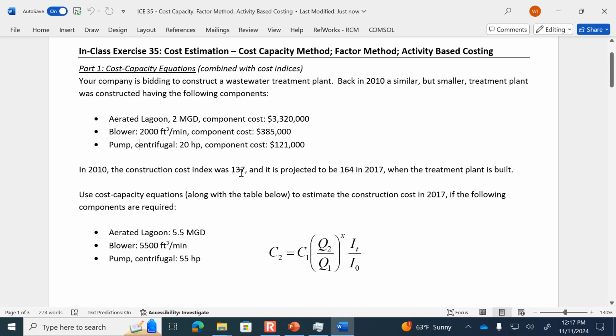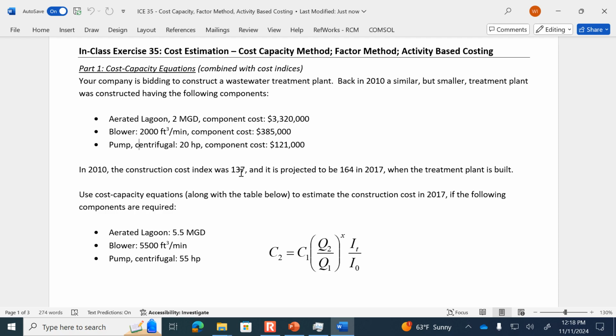So this new project is going to be different because it's going to be larger and it's further forward in the future where things cost more money. So we have to account for both factors. We have to account for the increased cost due to inflation and the increased cost due to the differences in size. So in the second page of the handout on the back side of the paper are the correlating exponents.